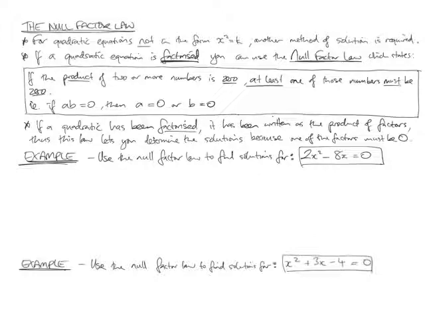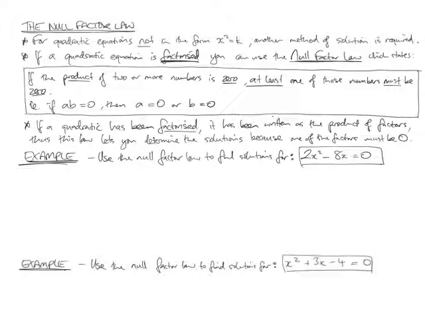That's kind of obvious because, let's say you times 5 by 0, what's the answer going to be? 0. Let's say you times 15 by 0, the answer is still going to be 0. If you times any two numbers together and the answer is 0, one of those numbers, or it can be multiple numbers actually, like 1 times 3 times by 0, the answer is still going to be 0.